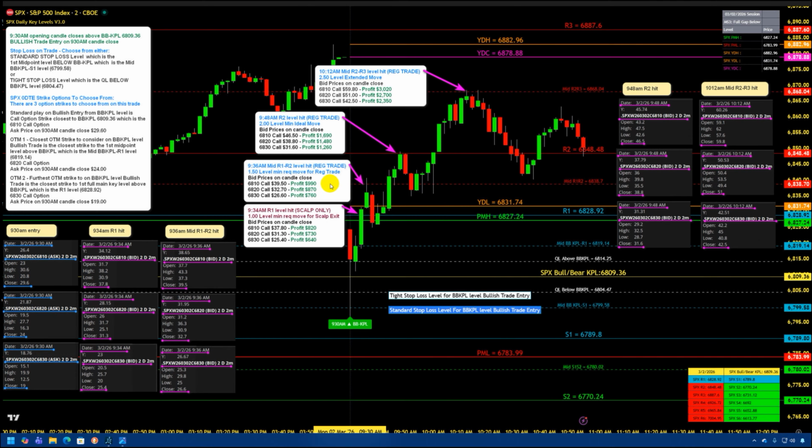The third option is only available if you are trading multiple contracts. So if you're trading only one contract, then your choices are simply either A, exiting the trade, or B, adjusting your stop loss. Those are the only two options.